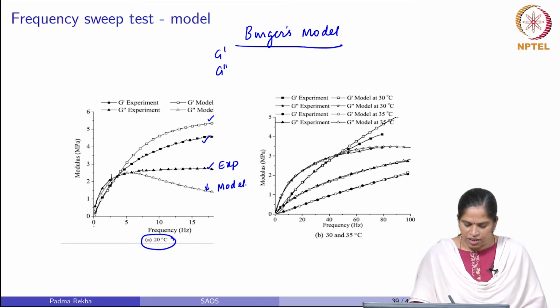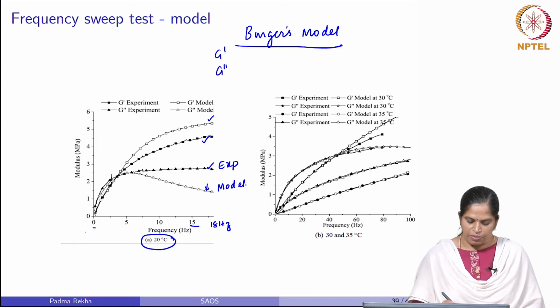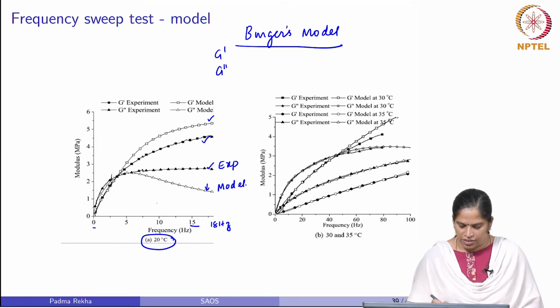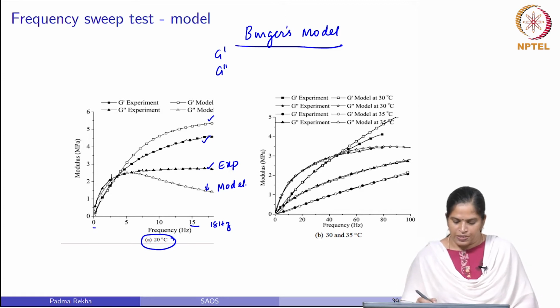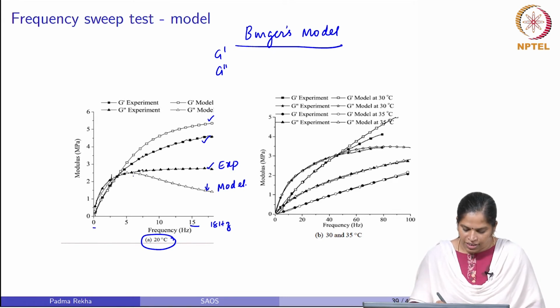Now, this is at 20 degrees Celsius. The frequency here is from 0 to 15 hertz, or all the way even up to 17-18 hertz, and the modulus value was varied from 0 to 6. If you see this comparison between experiment and model, you can see that at 20 degrees Celsius both the G prime and G double prime predictions are valid only up to a certain range of frequency.